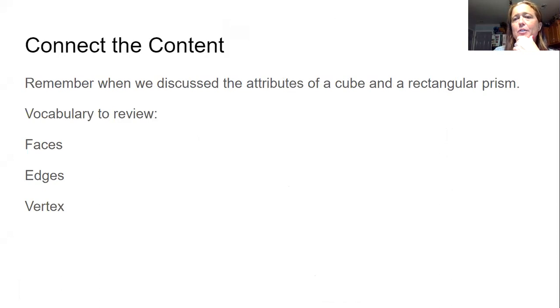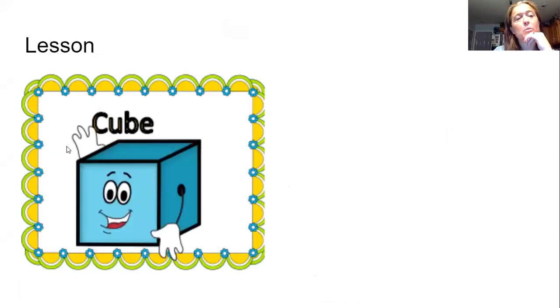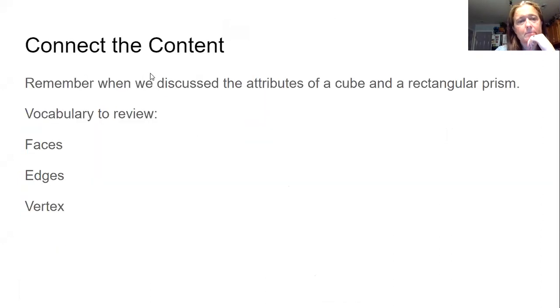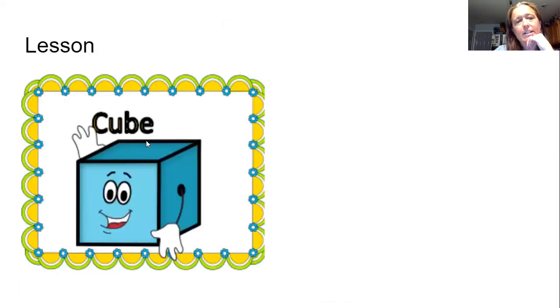Remember when we discussed the attributes of a cube and a rectangular prism. Some of the vocabulary that we went over at that time was faces, edges, and vertex. So faces are the flat parts of the cube or rectangular prism.